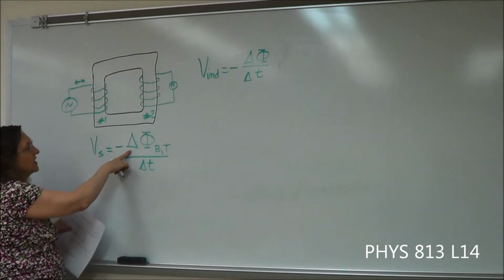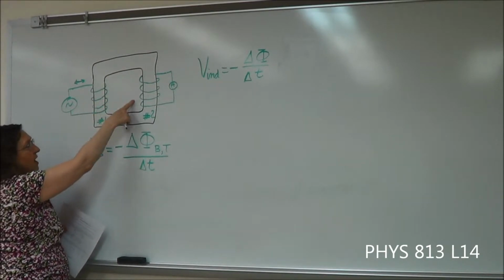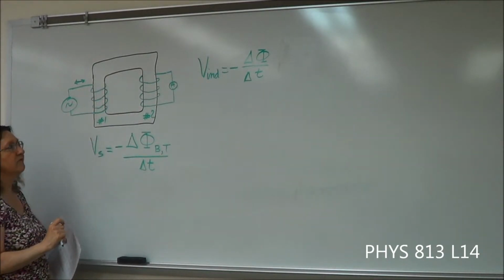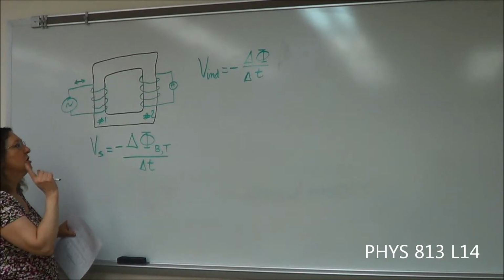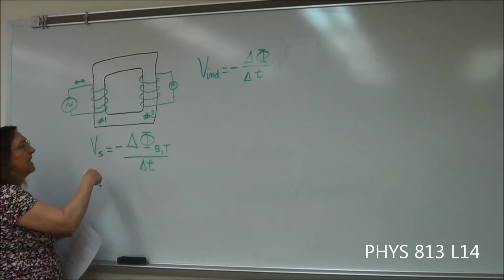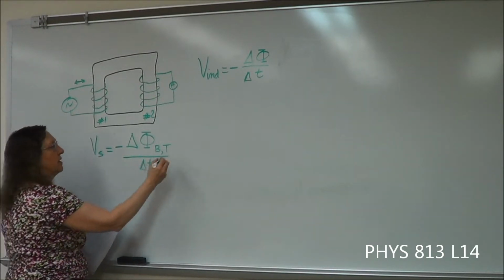Now, what we're going to end up with in these two sides of the transformer, we're going to have different numbers of loops. So we need to get that into the equation explicitly.